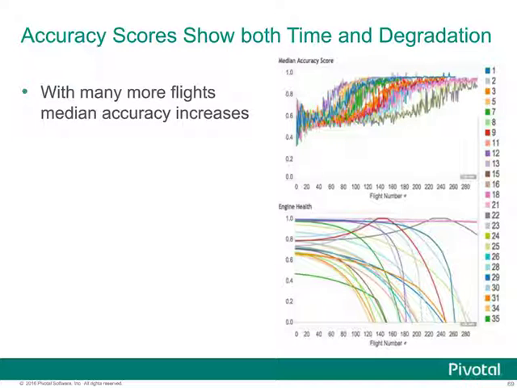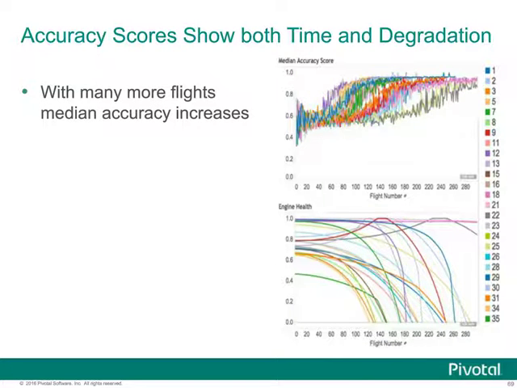So here we've plotted in the various colors all of the different engines. On the top, we have the median accuracy score on the x-axis for a given flight number for that engine for all of the accuracies that came across. And on the bottom, we've plotted the engine health score as well, again on the y-axis the actual health, and on the x-axis for that engine at that flight, what the score was.